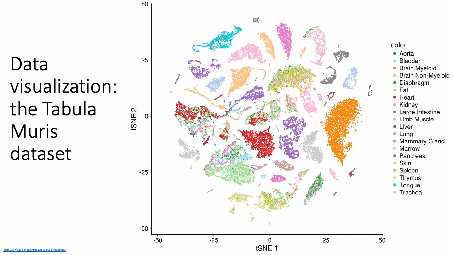So by comparing different clusters of cells and figuring out which clusters express which genes, you can guess what kinds of cells you've sequenced in your dataset.